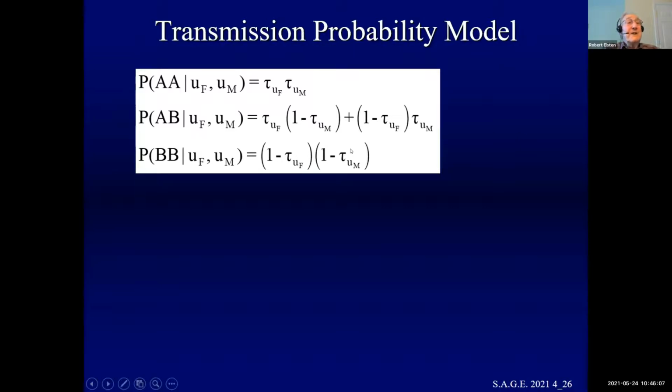And similarly for the second allele here, the probability of AB given the parents is the father transmitting an A and the mother not transmitting an A, plus the other way round. You can think of this as what the father and mother are each contributing.